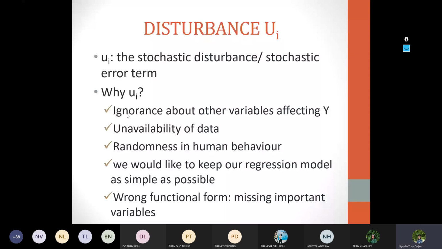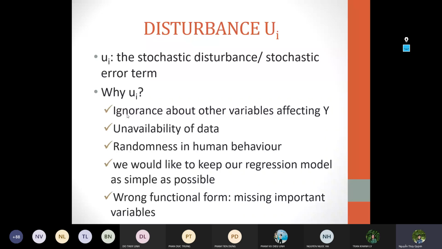Just because we do not know about them doesn't mean that they do not affect the value of Y. That's why we cannot bring all the variables that affect Y into the model.